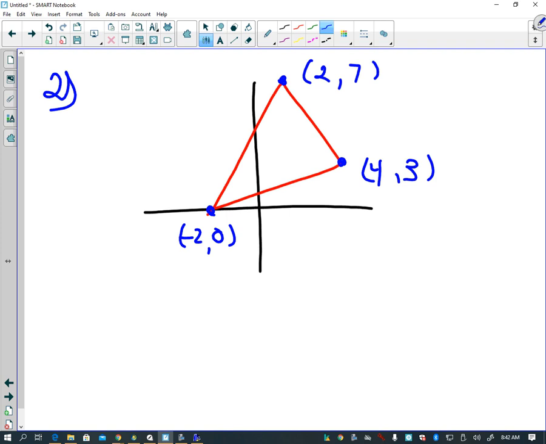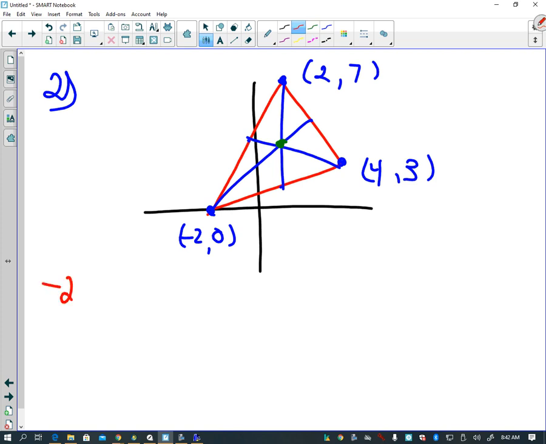Normally what I would tell you you need to do in order to find a centroid is find the midpoint of each of these and then draw those lines back and then find out what the coordinate is here. Okay? But there's a much, much easier way. The easier way is that you take your x values and you find the average.